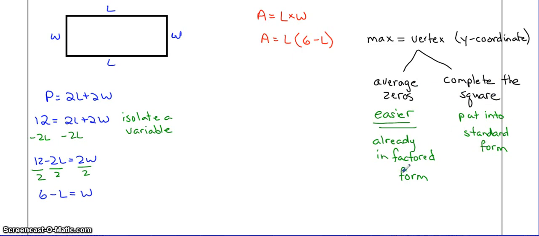If you average the zeros, there are a lot fewer steps involved. So let's average the zeros. Because we're trying to find the zeros, we're trying to figure out when the area is equal to 0. These are your two factors, L and 6 minus L.